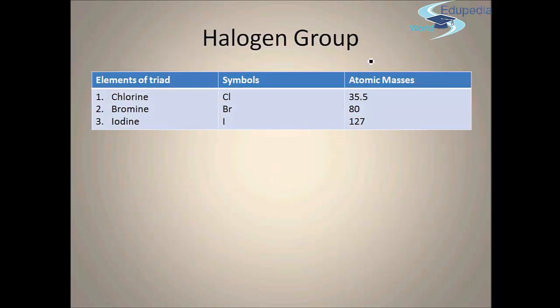Coming up to the last example, the halogen group. We have here chlorine, bromine and iodine, which form a triad with the chemical properties: first, they are all nonmetals.